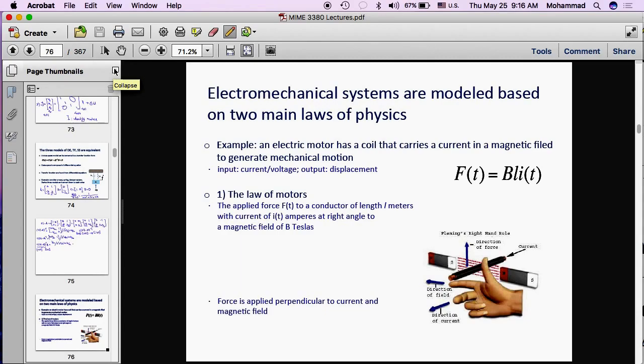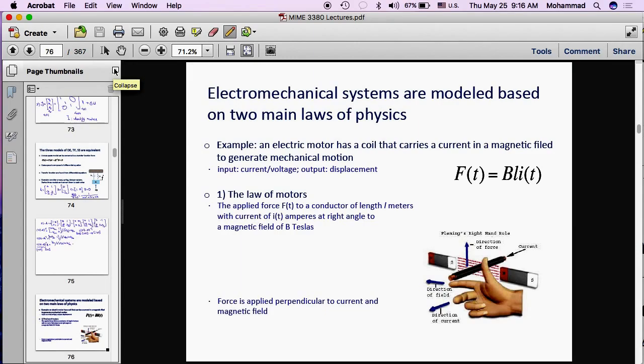The first law is the law of motors, which, as you can guess by the name, is the basic idea of how motors work, or at least DC motors work. It's a simplification of a more complex, general rule. But if you assume that you have a conductor, like a wire, that carries a current, imagine that.